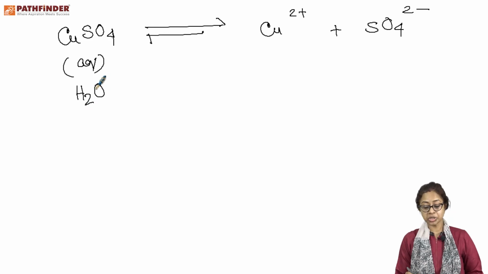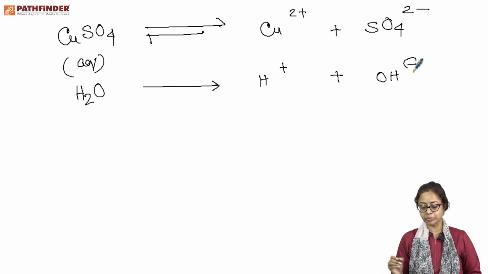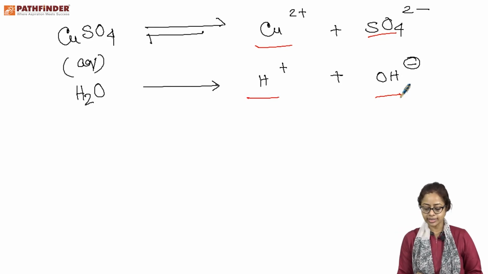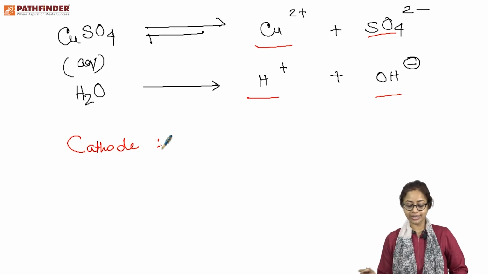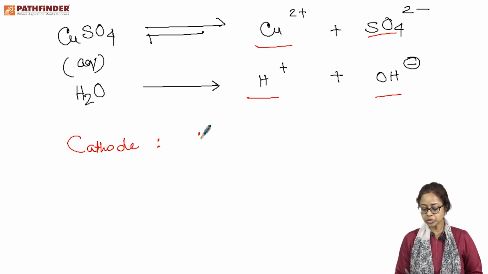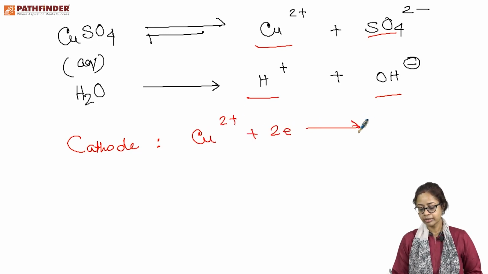Since it's a solution, water will also undergo ionization to produce H plus and OH minus. So we get 2 cations and we have 2 anions. Out of these 2 cations, at the cathode, copper ions, present lower down the electrochemical series, are going to get reduced by accepting 2 electrons, forming the copper metal.